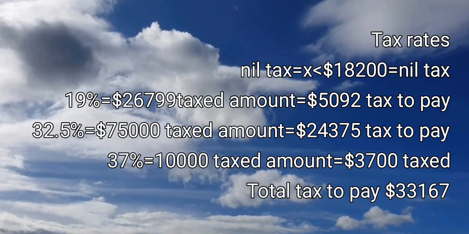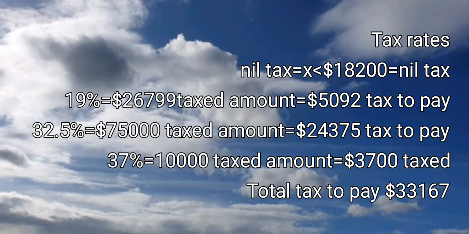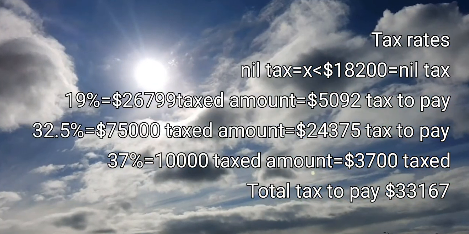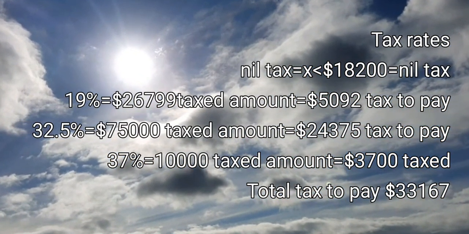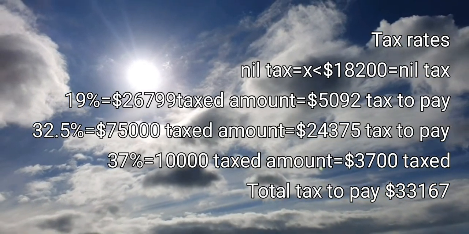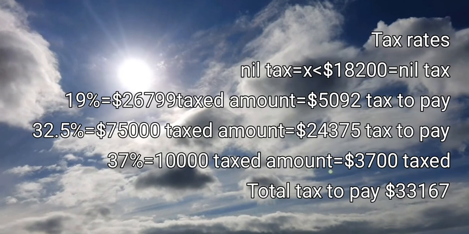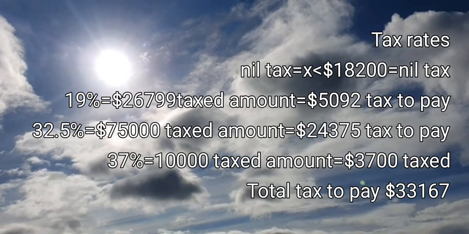So the total tax amount to pay is $33,167. So your total earnings for the year is 130,000. The tax amount that you need to pay is $33,167.